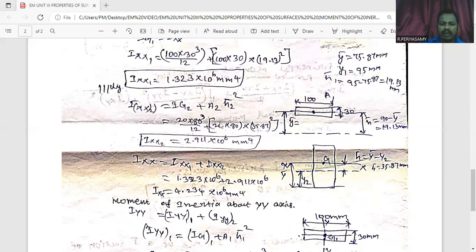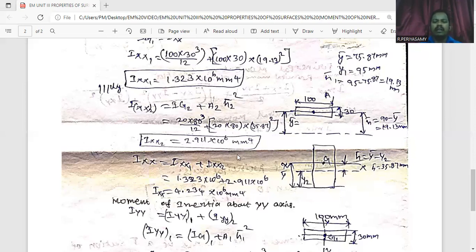Finally, we simplify this step. Ixx2, the second component's moment of inertia about the x-axis, equals 2.911 into 10 to the power 6 mm power 4.